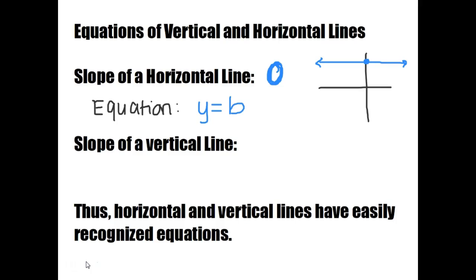So if a horizontal line is left to right, a vertical line is up and down. What would the rise of a line being up and down be? Go ahead, Madison, what do you think? The rise of an up and down isn't 0.